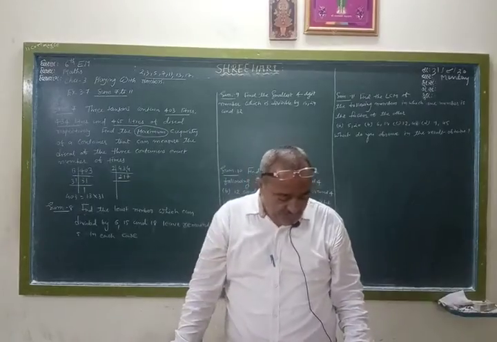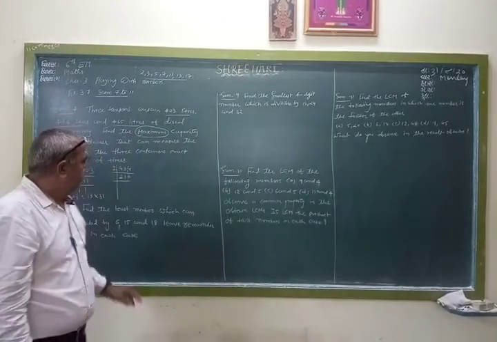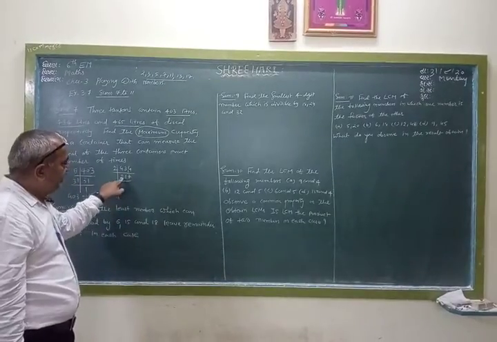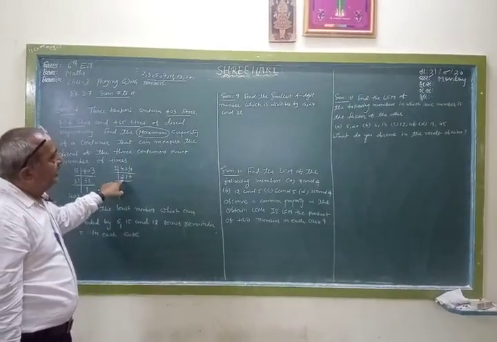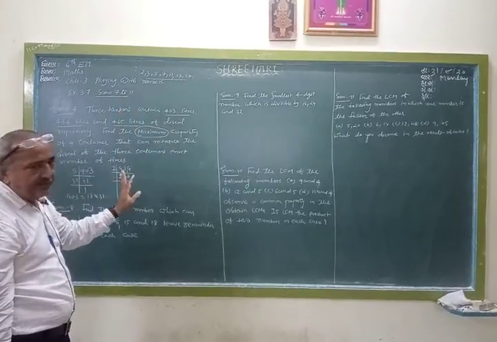So we go to 3, check the divisibility test of 3: 7 plus 1 is 8, 8 plus 2 is 10. 10 can't be divided by 3, so this whole number also can't be divided by 3.